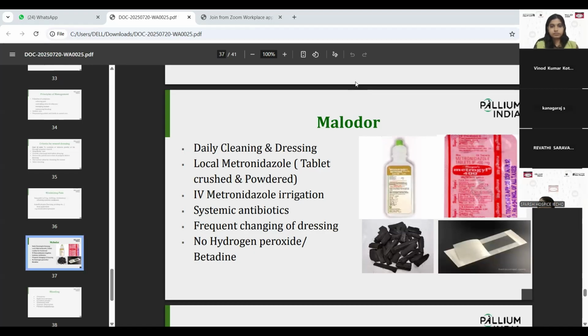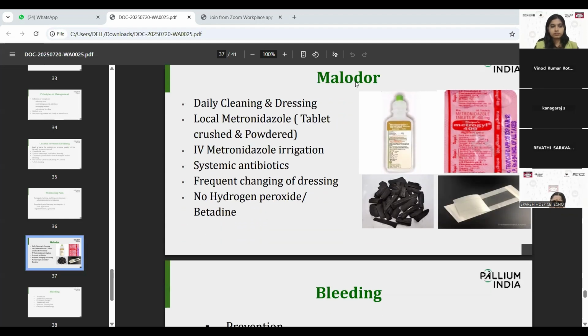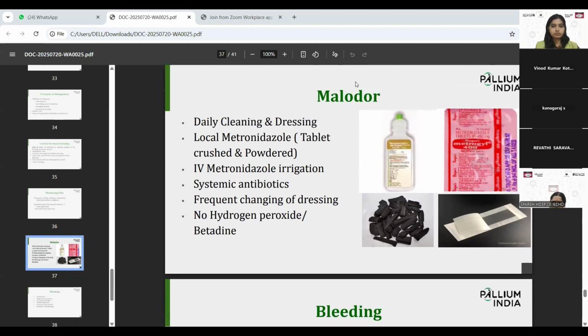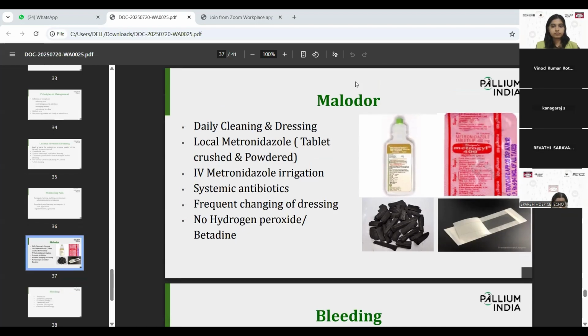Okay. Hereafter you can try this practice which I have observed at Pallium India hospital. We are doing it in our hospital setup here, and we are getting more effectiveness from the patient side. So this is one type of dressing way.